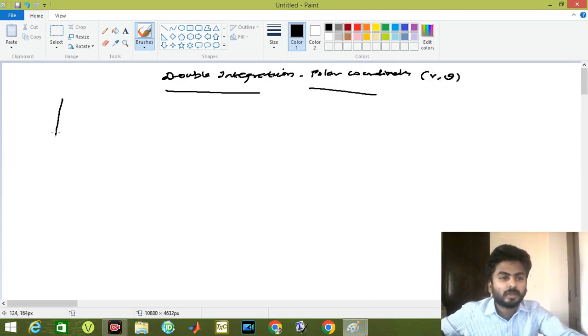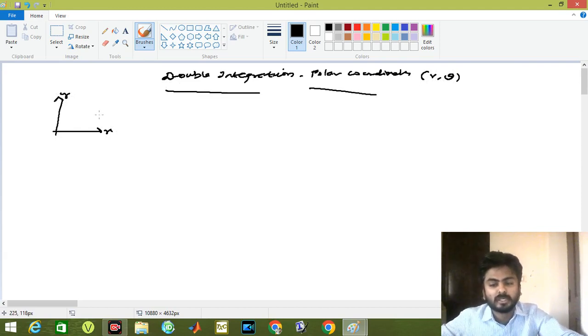See, for example, if I am taking some x-axis and some y-axis, these two axes are represented as Cartesian coordinates, or xy coordinates.